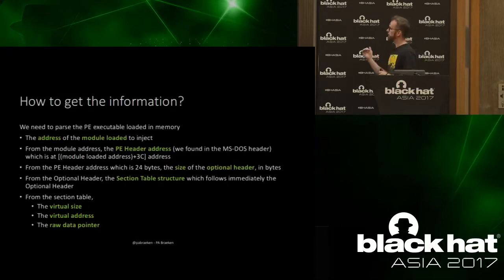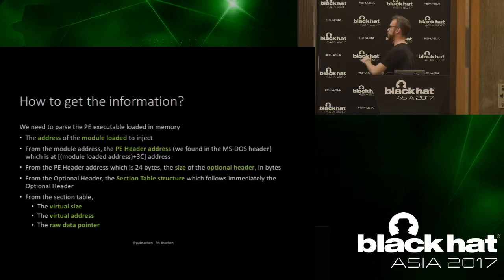After that, you will get the PE header address that you will find in the MS-DOS header. So I give you where it is. I wrote a white paper which will also be published on the Black Hat website. So you will have more details on the different operations, and the code is also on the internet.